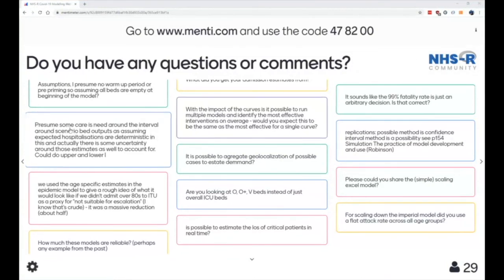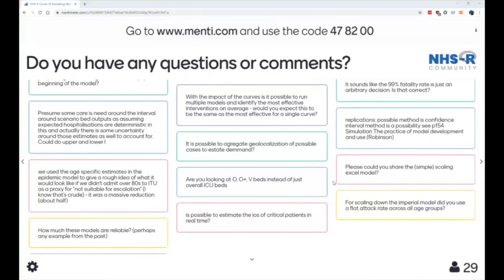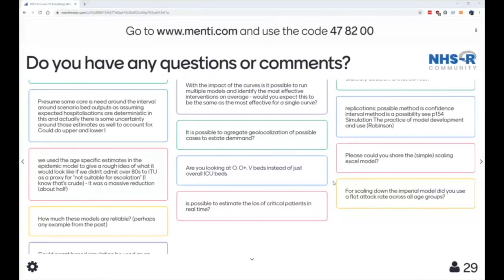Okay, thanks, great. Presume some care is needed around the interval around scenario bed outputs, as assuming expected hospitalizations are deterministic, actually there is some uncertainty around those estimates as well to account for. Could do upper and lower. So any comments on that? Yeah, so that's exactly right. The expected hospitalizations are deterministic. There is a parameter that we put into this model called TOL, which is a tolerance parameter, assuming some uncertainty around the demand curve that's fed in.